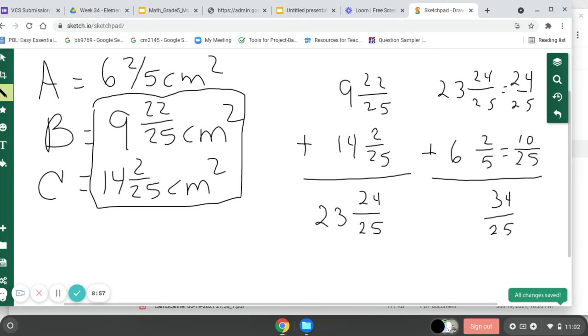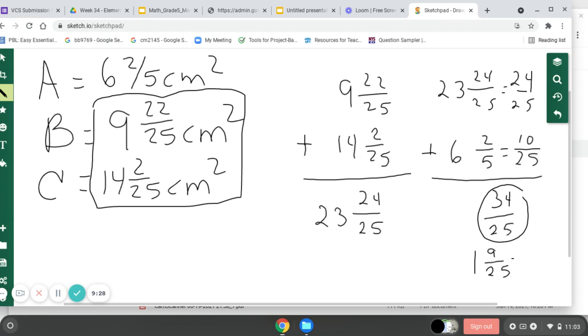But we have our numerator larger than our denominator. So we are going to divide this out. And when we divide it, it leaves us with 1 and 9/25. But we're not done because we still have to add our whole numbers. So we have the 23 plus the 6, which gives us 29. And then when we add this one extra one, we get 30.